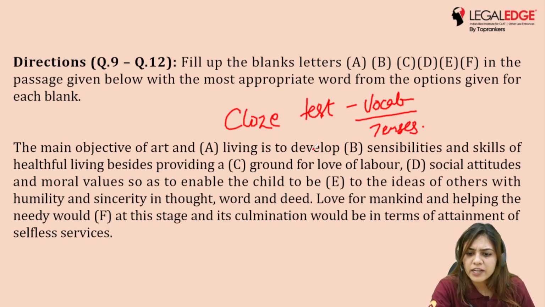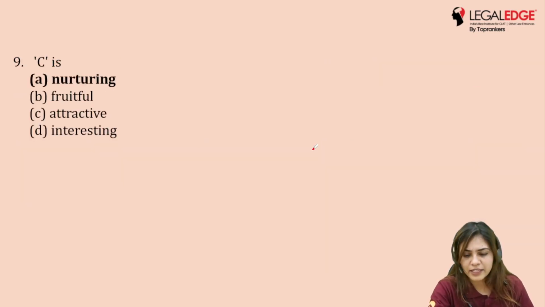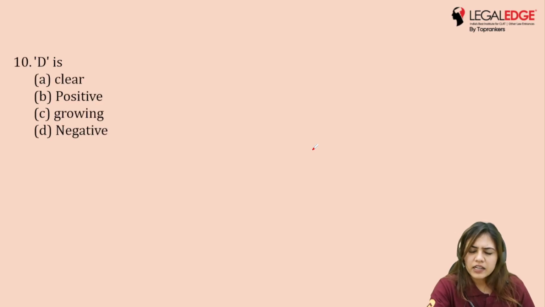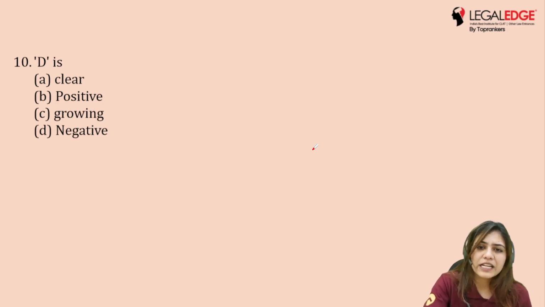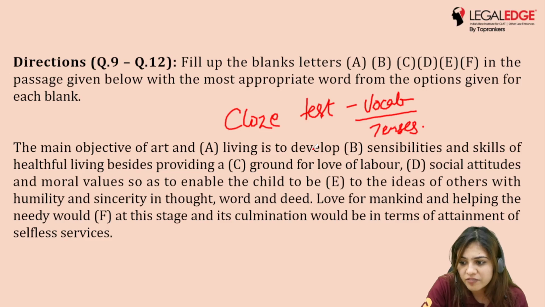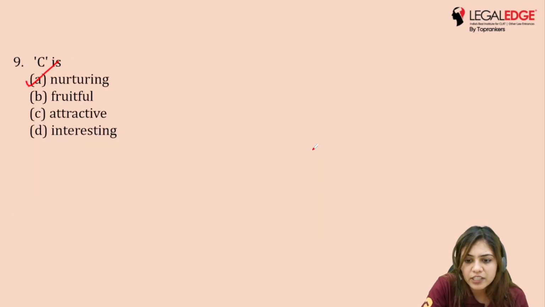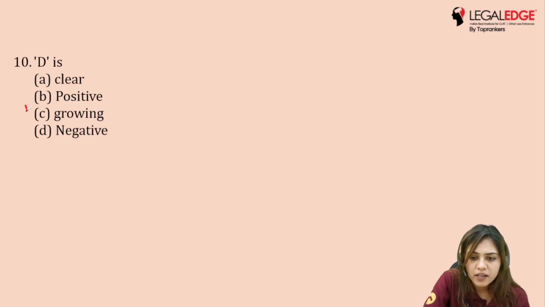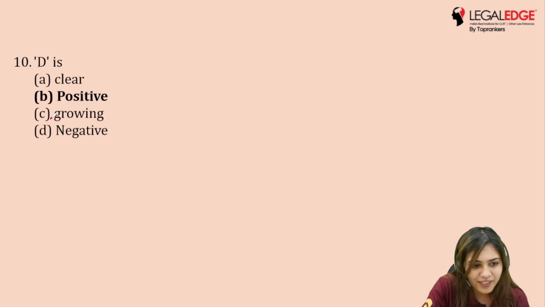Which type of social attitudes and moral values are necessary? Let's see. Clear moral values. क्लियर का मतलब तो होता है something which is obviously transparent और something which has a lot of clarity. ठीक है, but moral values से clear का कोई relation नहीं है. Growing moral values भी यहाँ पे कुछ relation नहीं बैठता है, यहाँ पे कोई sense नहीं बन रहा है. और negative तो definitely नहीं है क्योंकि we were talking about growing positive values, right. So positive social attitudes and moral values, B is an appropriate answer here, right.